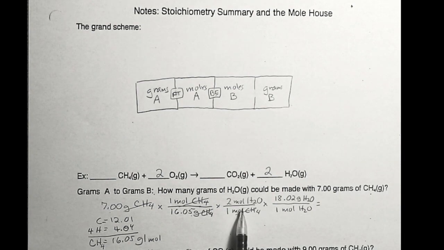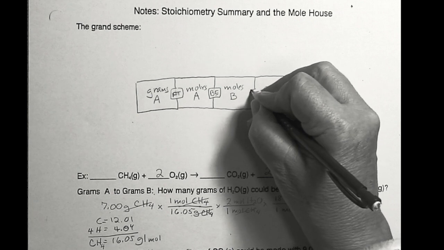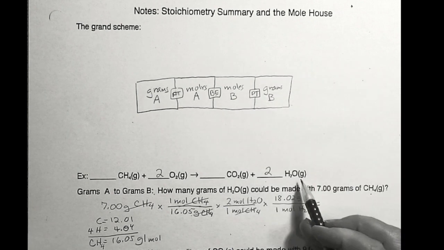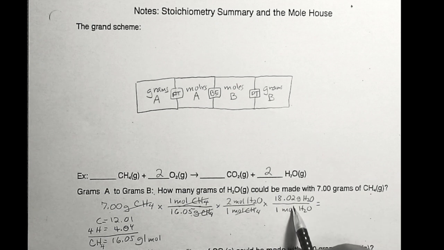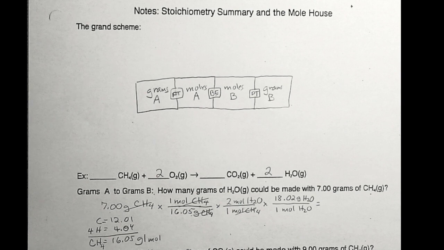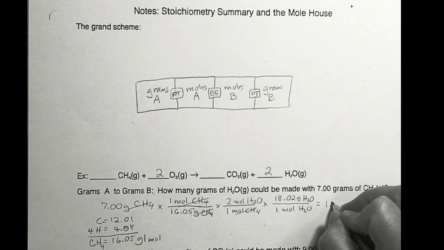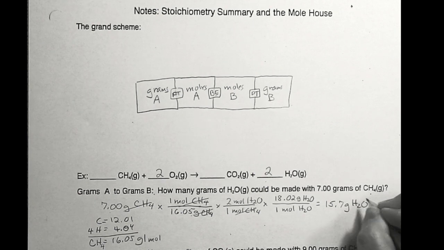We've gone from moles of water to grams of water, and that used the periodic table again, because adding up water, 16.00 plus 2.02 gave us the 18.02 grams. That got us to grams of B, or grams of water. Now you work this through on your calculator and you'll get 15.7 grams of H2O.